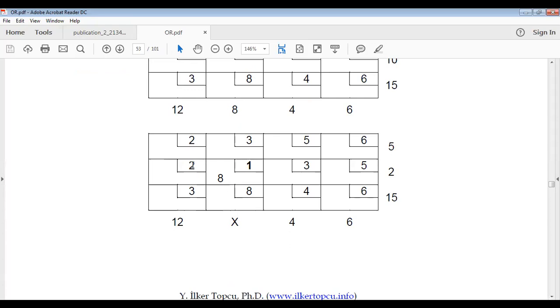Now this is 2, 2, 3, 5, 3, 4, 6, 5, 6. So among all these, what is the least cost? 2, 2. There are two 2s. In such a case, when a tie exists, you have to compare the maximum. 12 is the maximum here, and 5 is maximum, and here 2 is maximum.